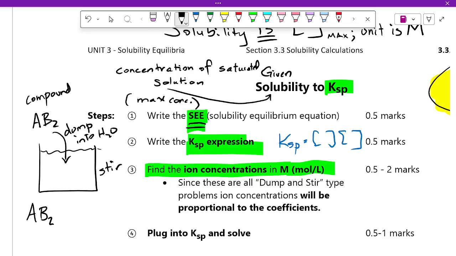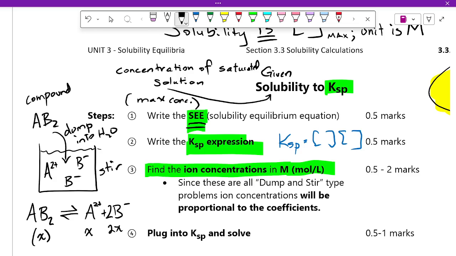How many A's do I get for how many B's? I get 1 A and 2 B's. That means that this is going to be X and this is going to be 2X. But you'll actually have numbers for it because you'll be given that number. And this value here will be X, but you'll have actual numbers.